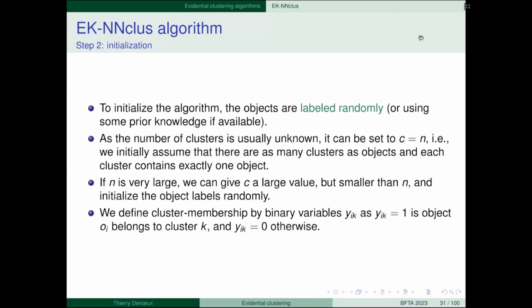So we denote cluster membership by binary variable y_ik. y_ik equal to 1 means that object i belongs to cluster k, and y_ik is equal to 0 otherwise. So this is notation to indicate at a given time the label of each object.